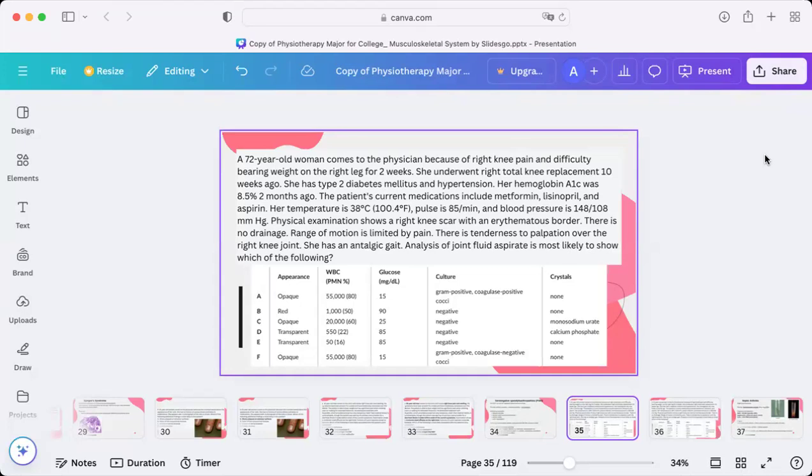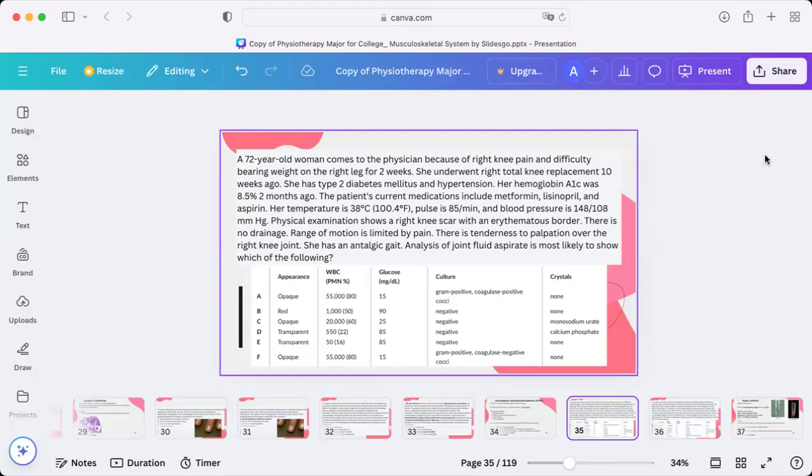Okay, so our patient does have septic arthritis. But did she have a knee replacement? It doesn't say anywhere in the question that she had a knee replacement. It doesn't say anywhere in the question that she has a prosthetic.